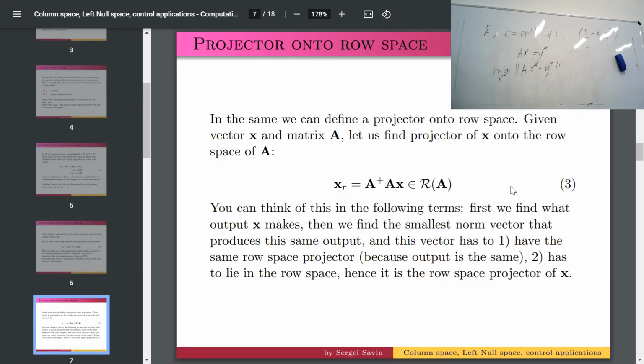Actually, this type of argument is very nice. Why? Well, as I said, this is now a row space projector. How do you give me a null space projector then? Something like this? No?